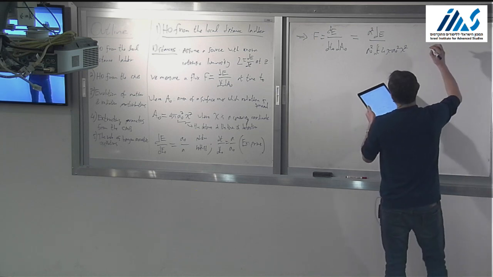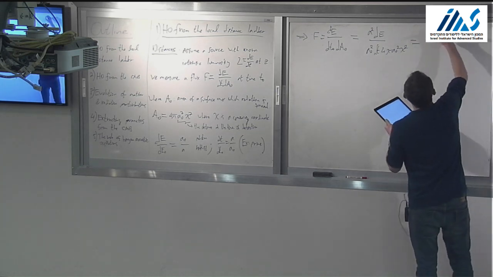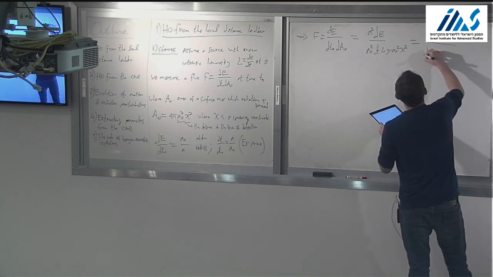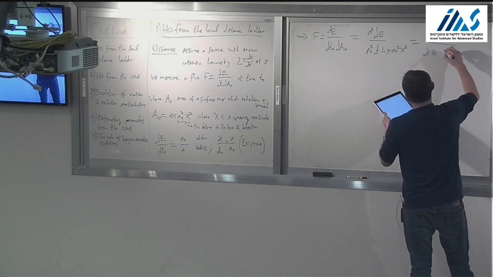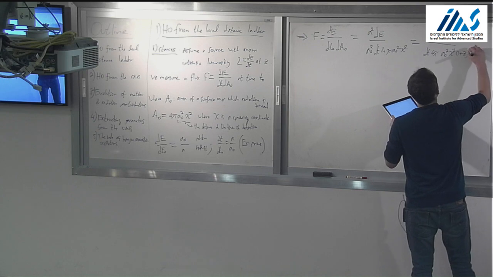And we can plug in the relation between the scale factor and the redshift and get from this 4 pi a naught squared chi squared (1 plus z) squared.